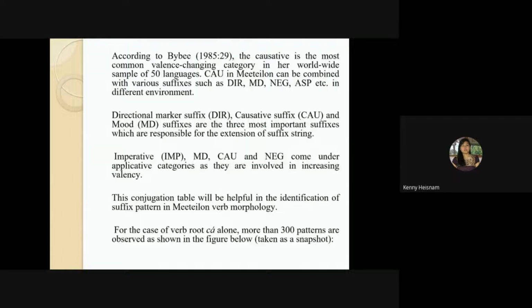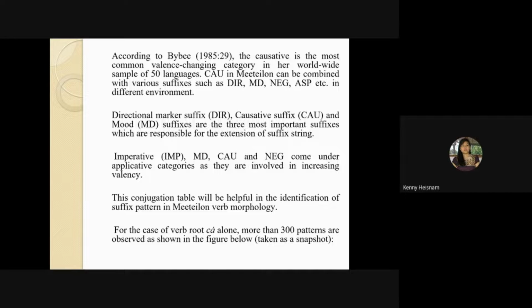So the conjugation tables will be helpful in the identification of suffix patterns in Meeteilon verb morphology. This paper is also part of my research work. I have procured some data from TDIL. From that data, more than 14 lakh tokens have been found, and among those 14 lakh tokens, they have been converted into unique words.